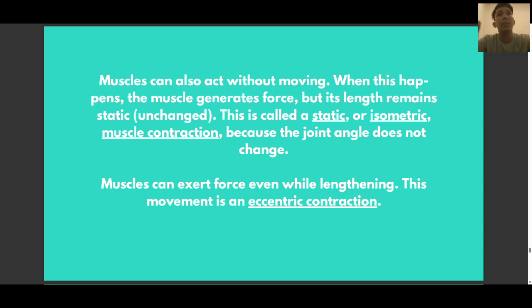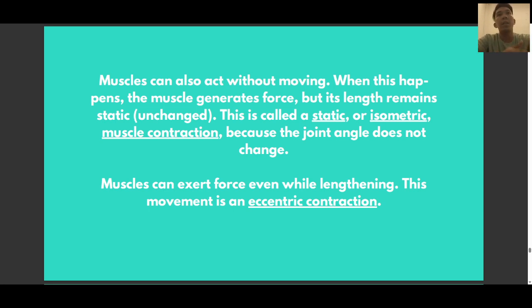So in both cases, the person feels the muscle tense, but there is no joint movement. He or she can feel the muscle tense, but the joint while lifting the object, or the muscle, is not moving.